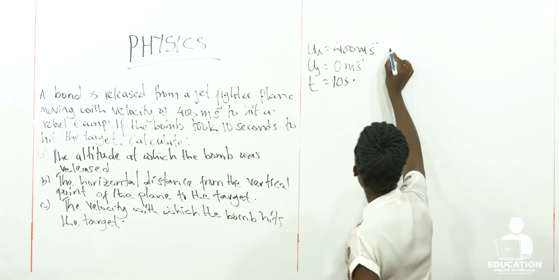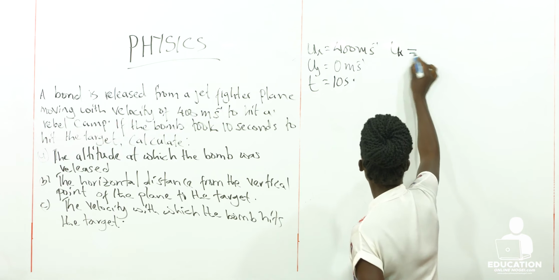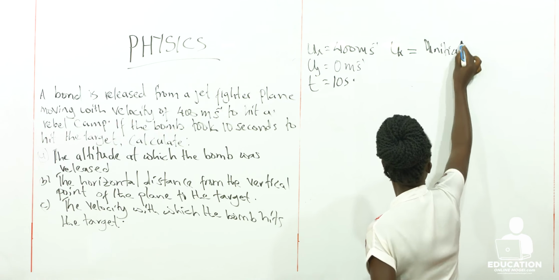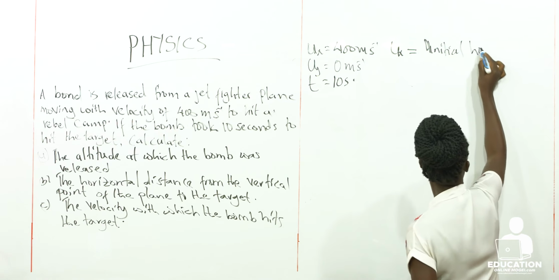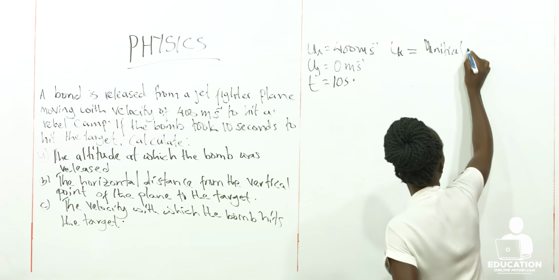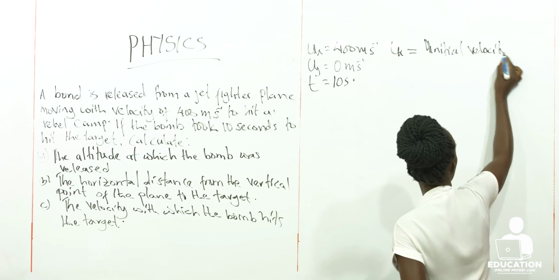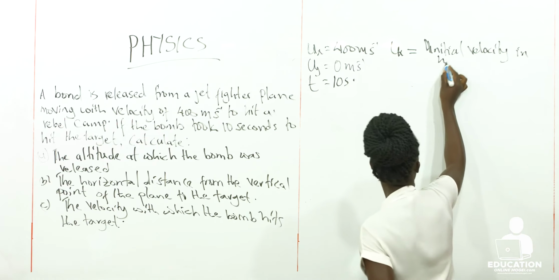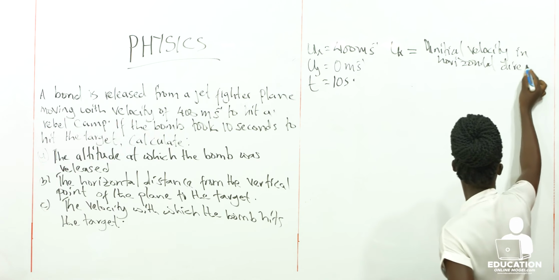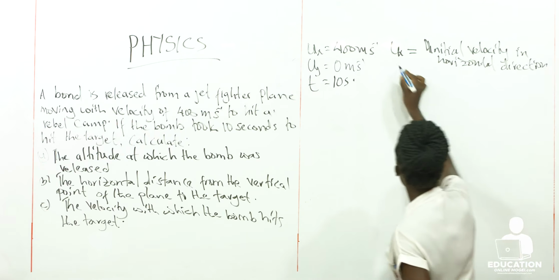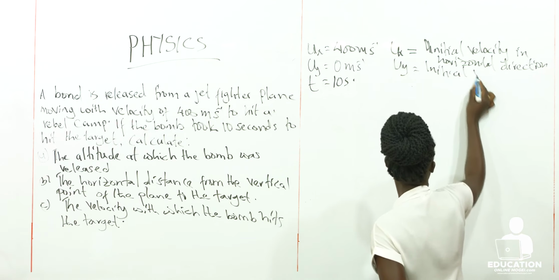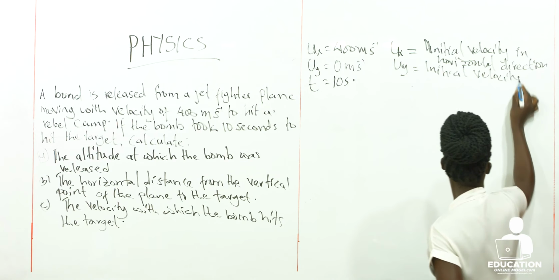So you see that our ux is equals to the initial velocity in the horizontal direction. So even our uy is the initial velocity, but then in the vertical.